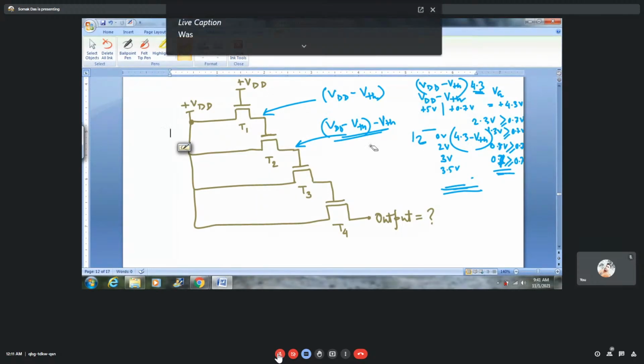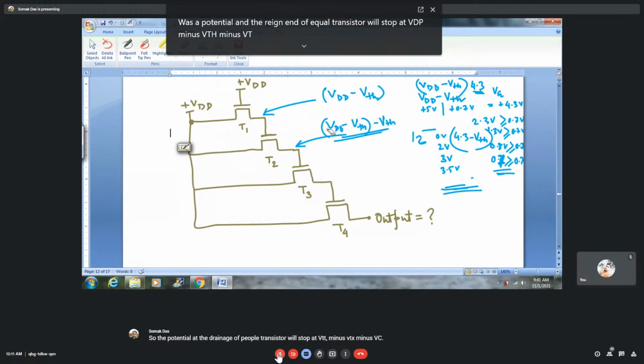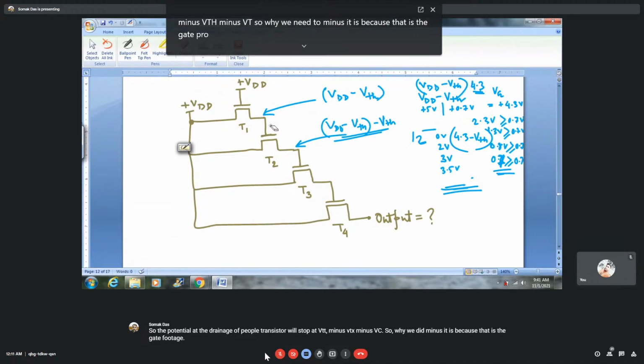So the potential at the drain end of T2 transistor will stop at VDD minus VTH minus VTH. So why VDD minus VTH? Because that is the gate potential.